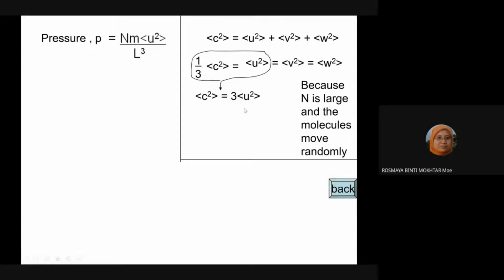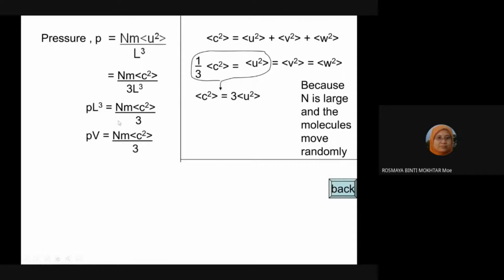No? Okay, so now we substitute into here. The mean square speed along X becomes the general mean square speed, we use C squared over 3, so 1/3. Next, we cross multiply L cube to the left side, becoming pressure P times L cube.